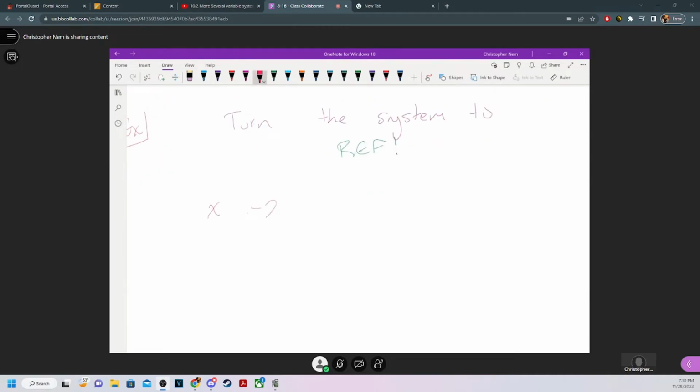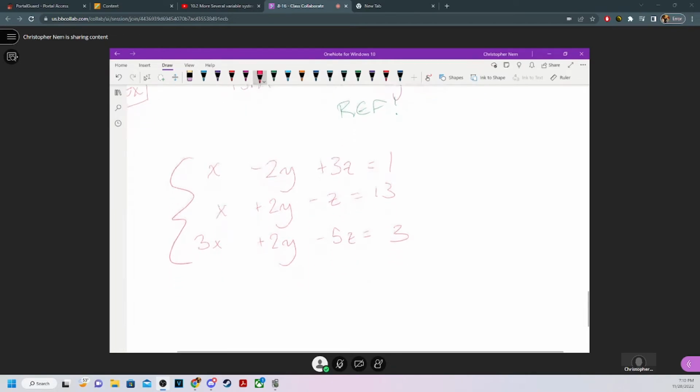x minus 2y plus 3z equals 1. x plus 2y minus z equals 13. 3x plus 2y minus 5z equals 3. This system right here. If I wanted to turn the system into row echelon form, first I must turn it into a matrix.